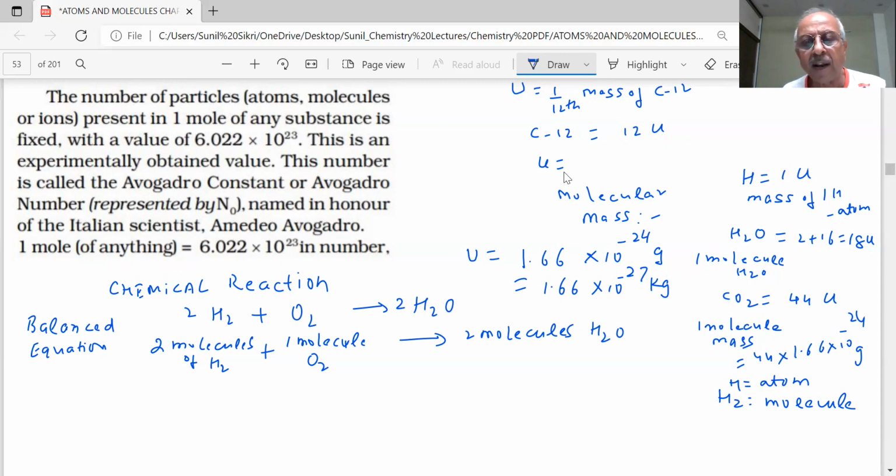Now, if I use the atomic mass scale, student, tell me what is the molecular mass of hydrogen here? If I write now in terms of molecular mass, what will be the value of this H2? How much? 2.